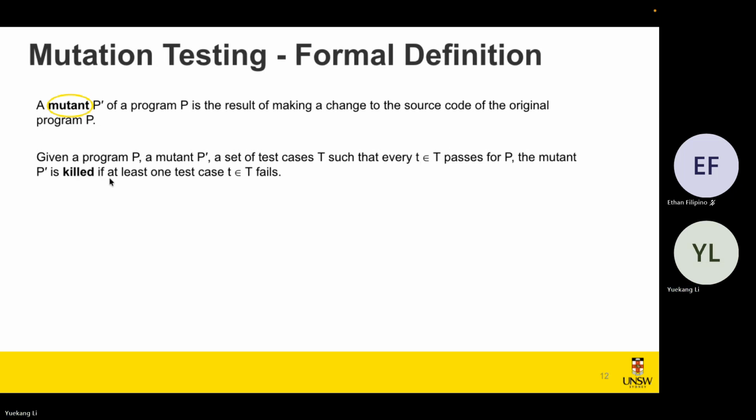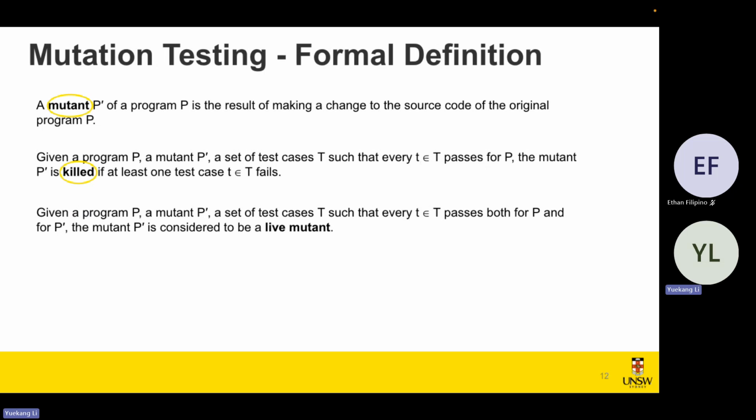If at least one of the test cases fails on the mutant, on the new program, then this new program is considered to be killed by the test suite or by that particular test case. So this is the definition of killing.